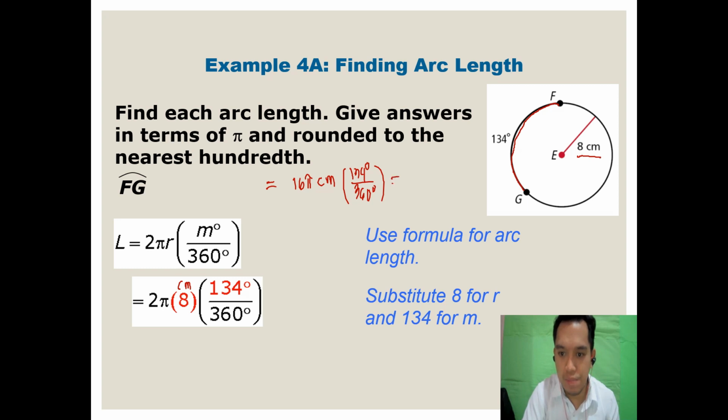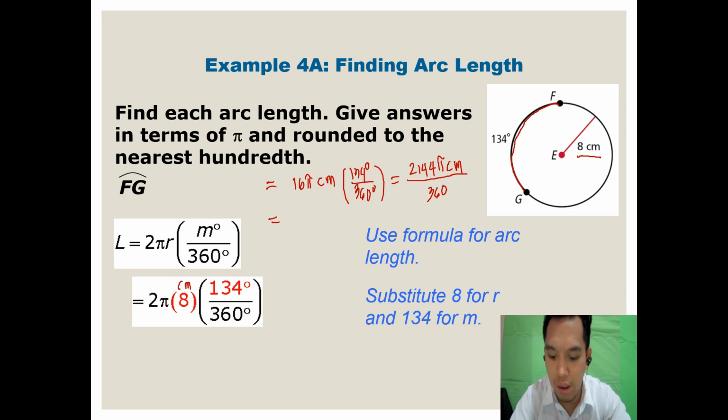So, simplify. 16 pi cm times 134 is 2,144 pi cm. Ayan. 2,144 pi cm divided by 360. Ayan. So, divide lang natin yan. 2,144 divided by 360 is 5.96.